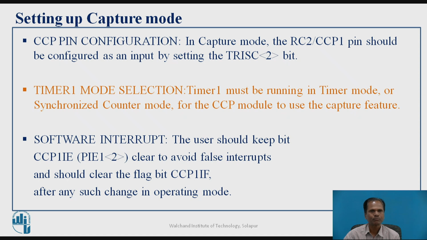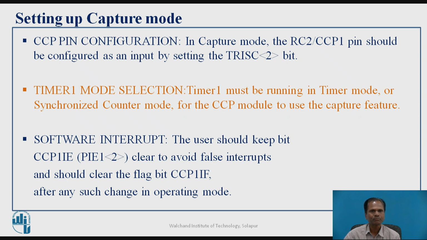Timer 1 mode selection. Timer 1 supports the operation of CCP module for capture mode of operation. Timer 1 must be running in timer mode or synchronized counter mode for the CCP module to use the capture feature.